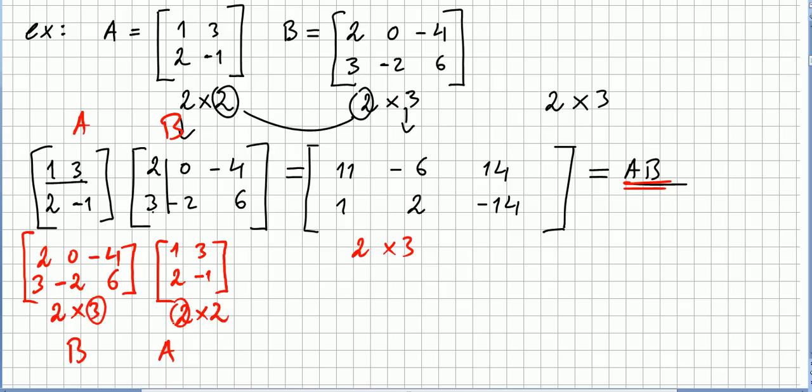If you are a beginner, this is your first non-commutative ring. The ring of matrices is a non-commutative ring. So not only can A times B be different from B times A because the ring is not commutative, but A times B is possible and B times A is not possible due to the difference of dimensions.